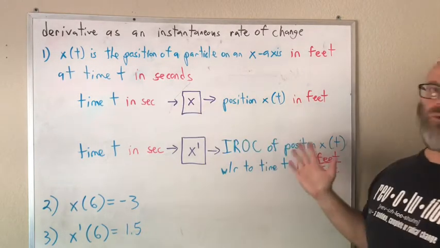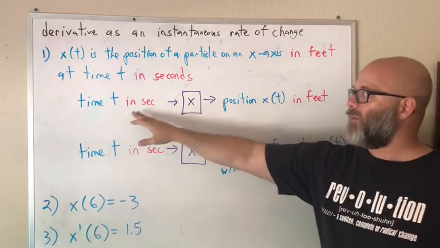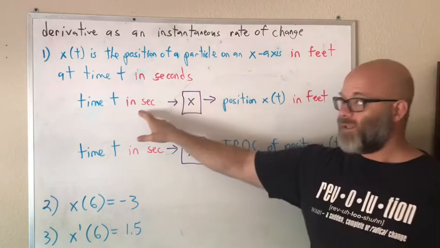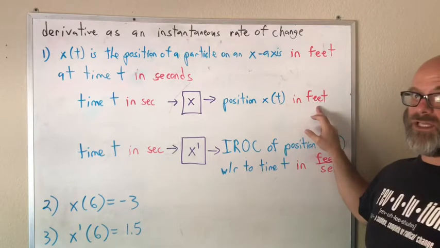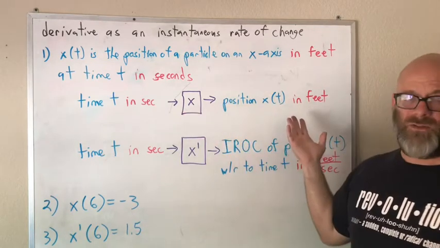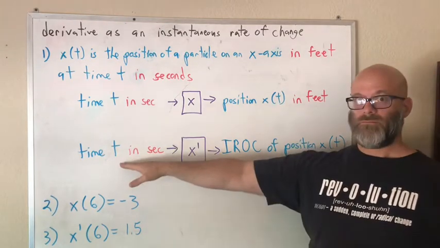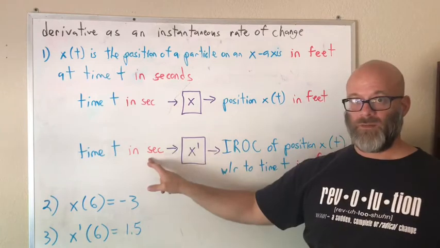So see, really, this is easy. You have your original function, independent variable identified in context, dependent variable identified in context. Units of the independent variable identified in context, units of the dependent variable identified in context. No problem, it's a position function. Getting the derivative: use the same exact independent variable, same exact units for the independent variable.